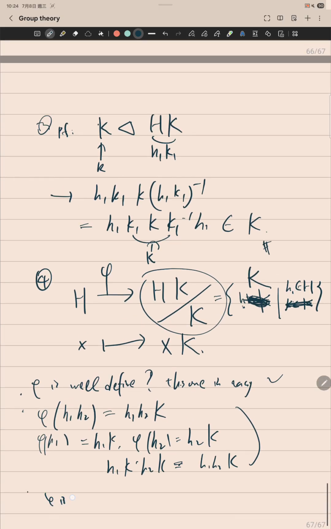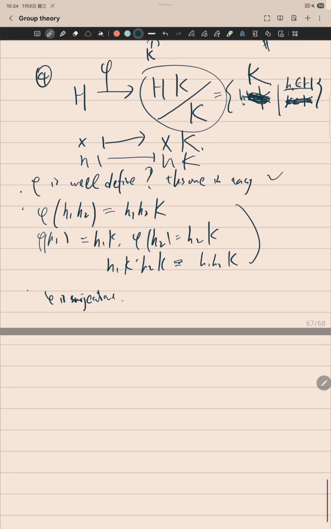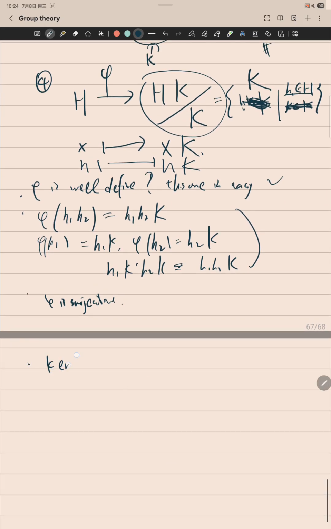And phi is surjective, because this element is just written as hK for h in H. So whatever h you have, each h just maps to hK. So this is surjective by definition. The non-trivial calculation may be the kernel. So what's the kernel?